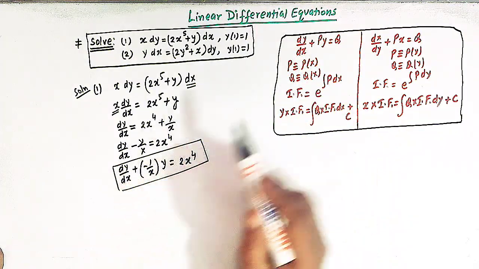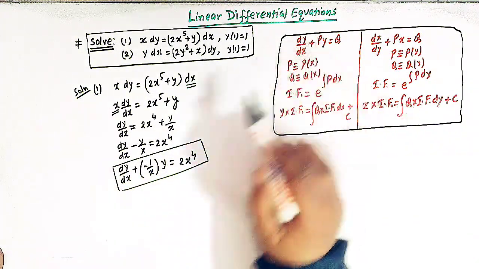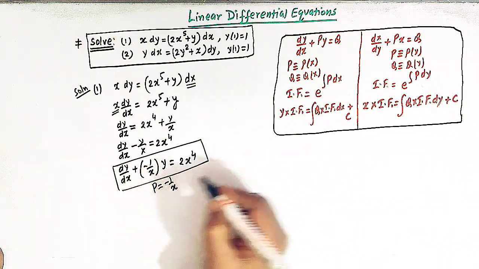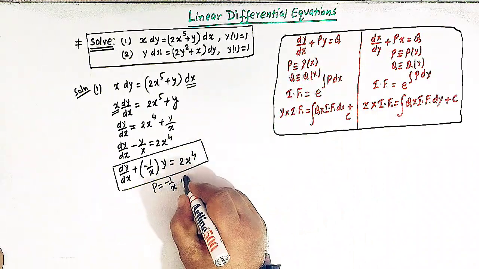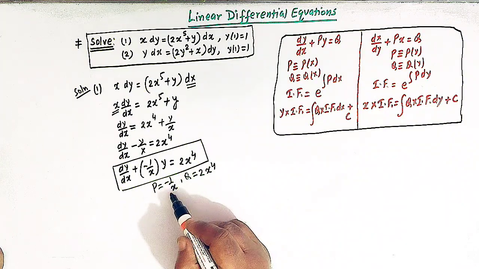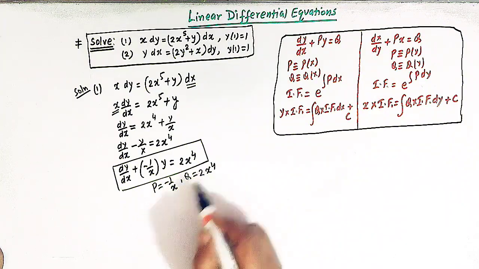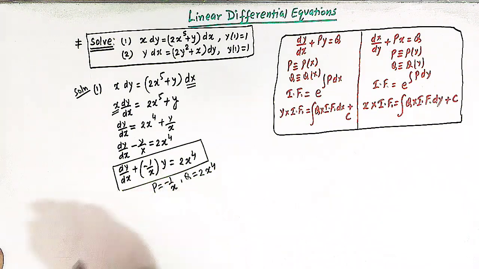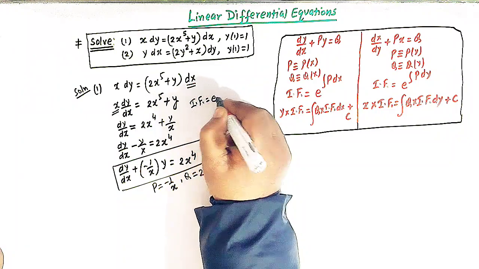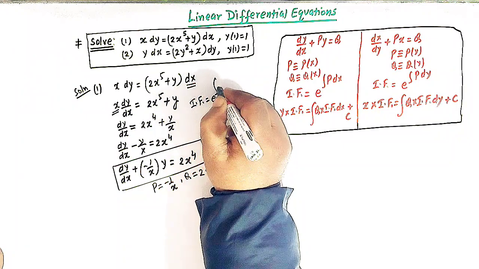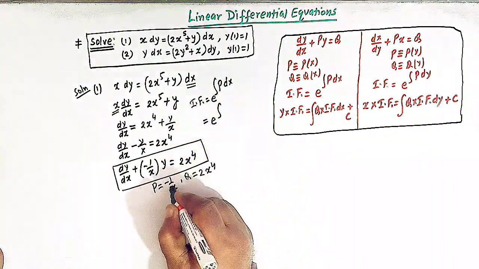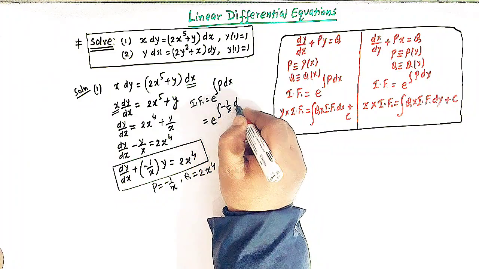So now we can see that this equation is of this form: dy over dx plus py is equal to q. P is minus 1 over x, and q is 2 times x raised to 4. So p and q are the functions of x. Now let us find the integrating factor. The integrating factor is given by e raised to integral p dx. So here we have p as minus 1 over x dx.